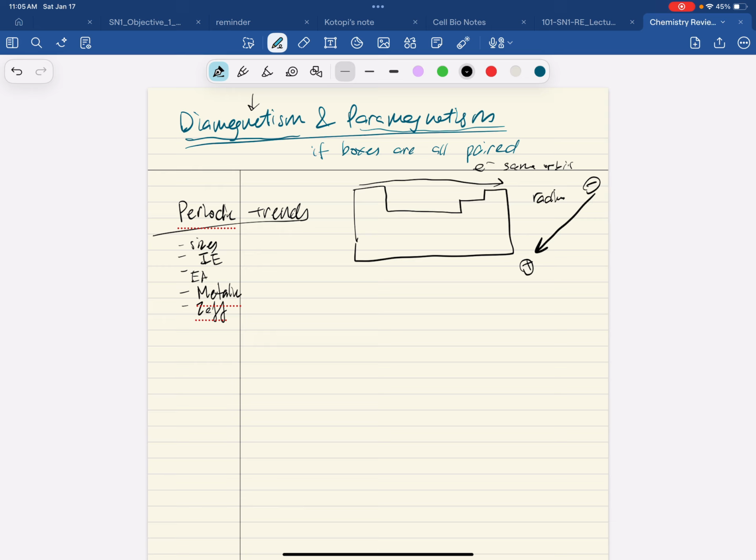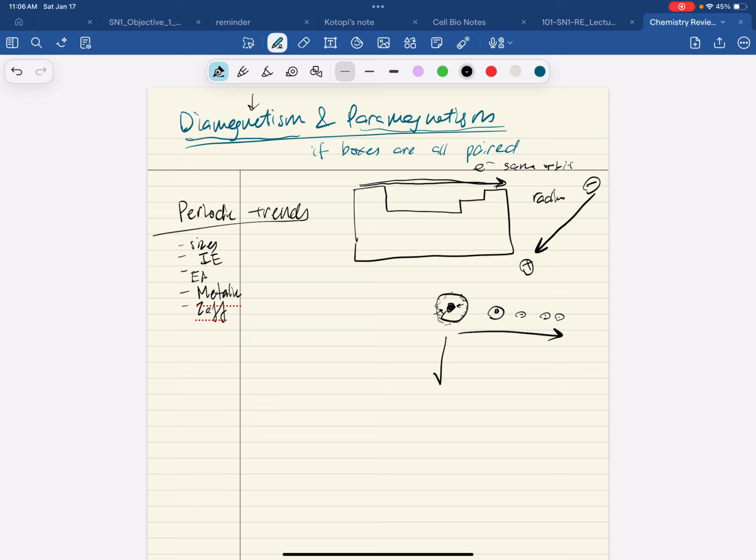There's more protons and electrons going this way on the same orbit, where the electron is a valence electron, so it's going to be more attracted, right? Because if there is a lot of protons and increasing electrons on the same orbit, then the attraction is going to be stronger, so the atom will become smaller. So it becomes smaller as we go to the right side, first off.